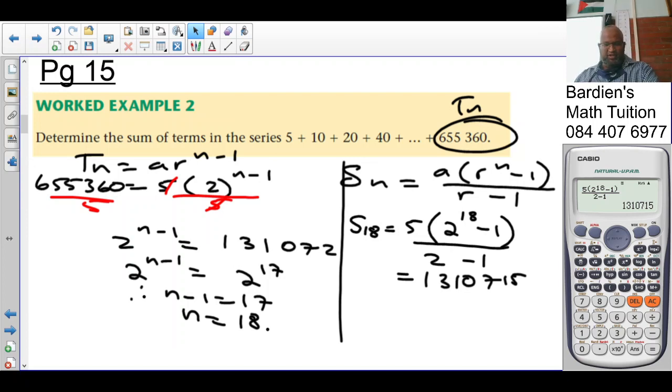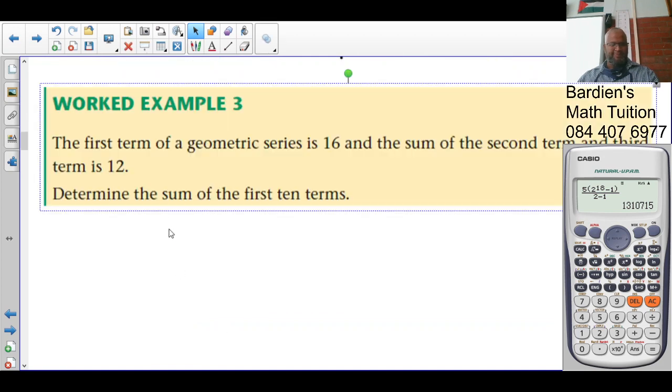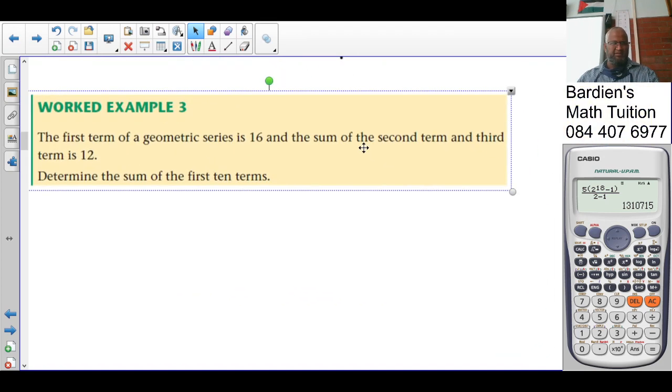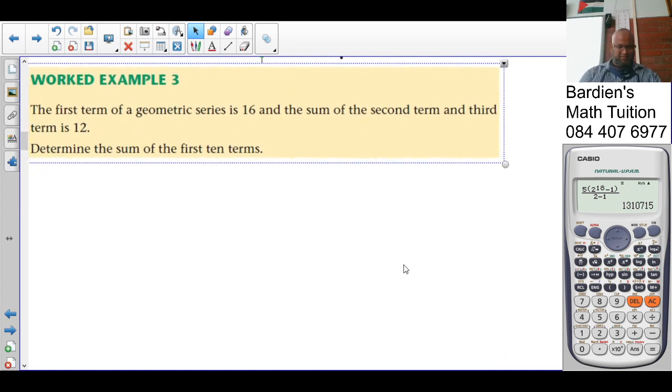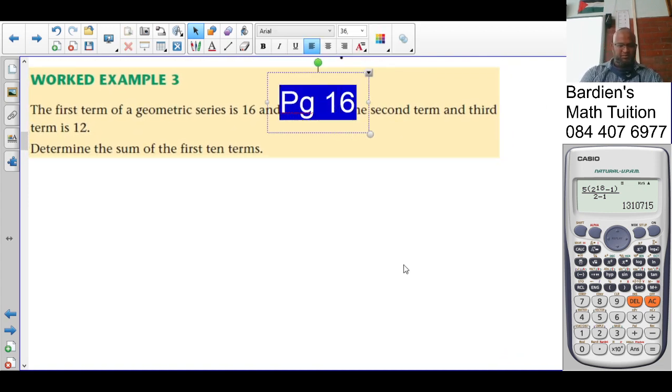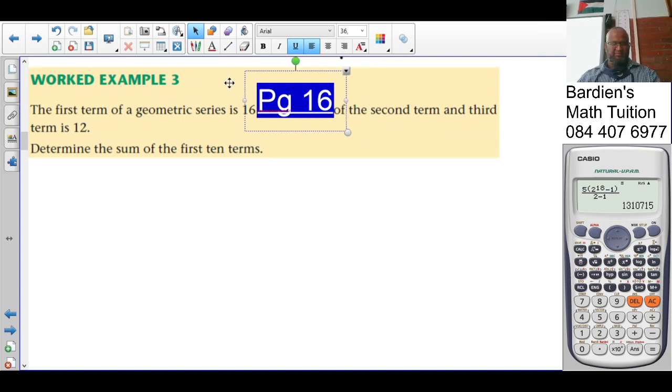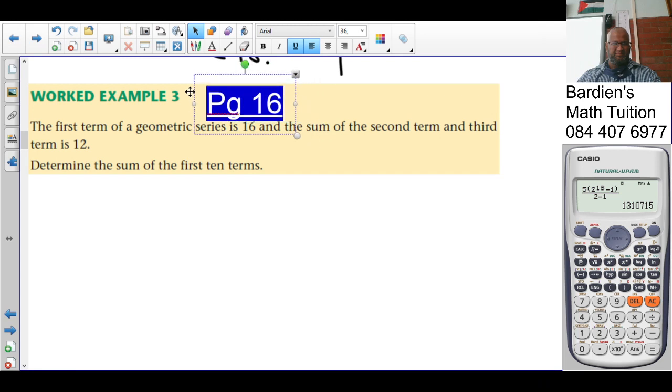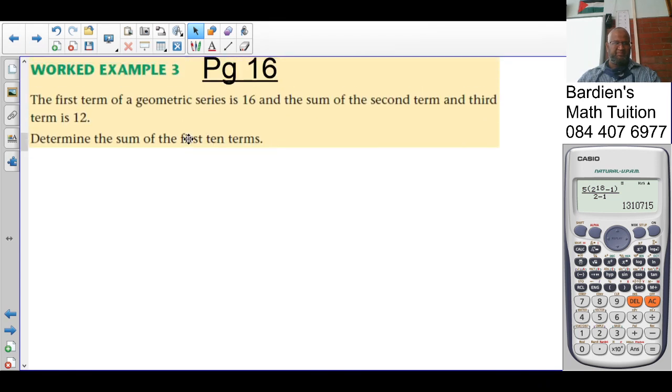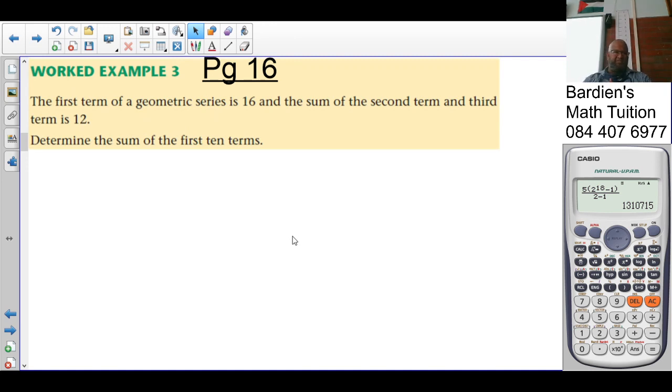Now we're looking at example 3 on page 16.